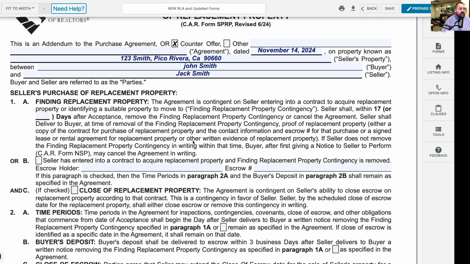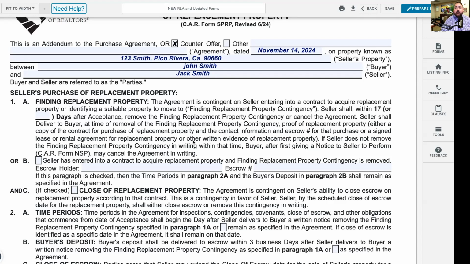Seller shall deliver to buyer at time of removal of the finding replacement property contingency proof of replacement property, either a copy of the contract for purchase of the replacement property and the contact information and escrow number for that purchase, or a signed lease or rental agreement for replacement property, or other written evidence of replacement property.